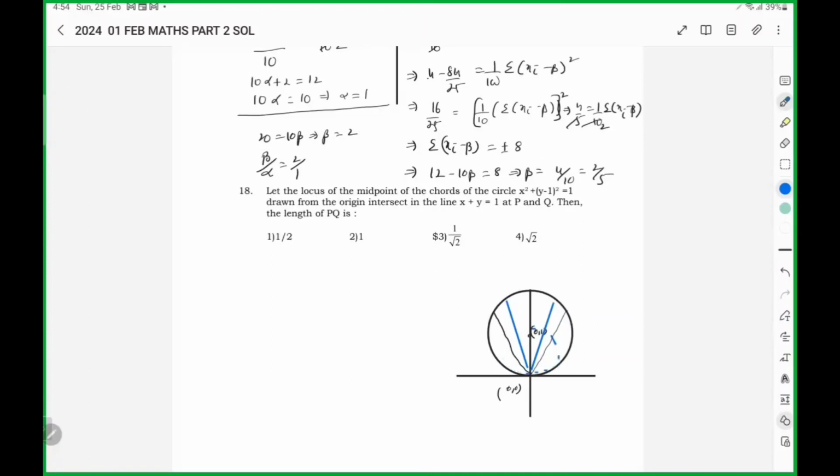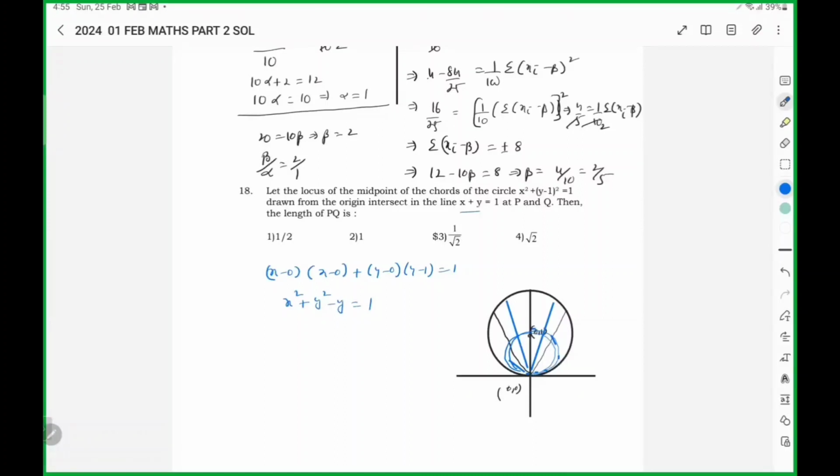Again, the locus will be a circle. So for the circle equation, take (0, 0) and (0, 1) as the endpoints of a diameter: (x minus 0)(x minus 0) plus (y minus 0)(y minus 1). So the circle equation is this.